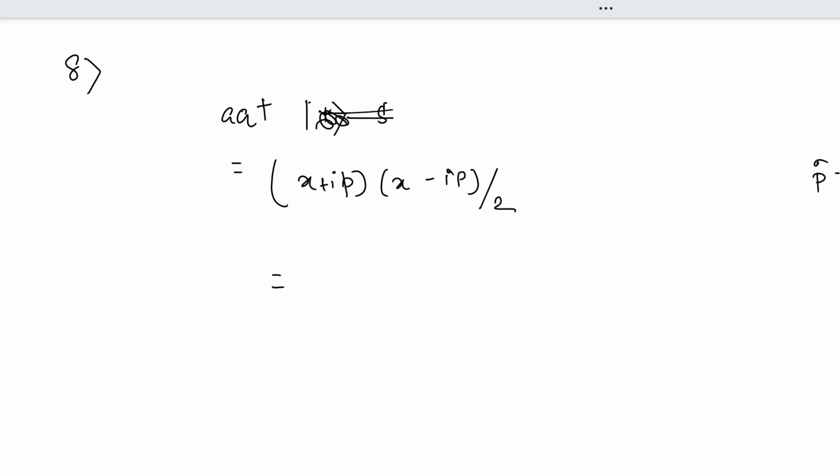Now p is equal to minus i h cut del x, but since h cut equal to 1 has to be taken, then p is equal to minus i del x.